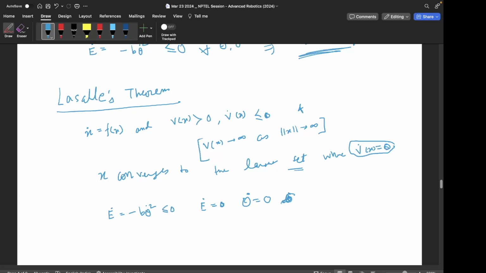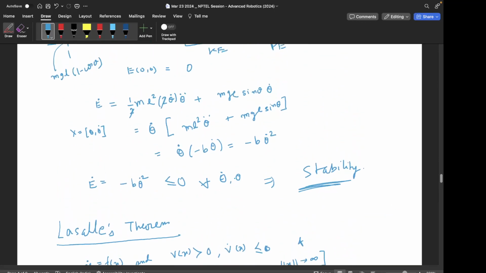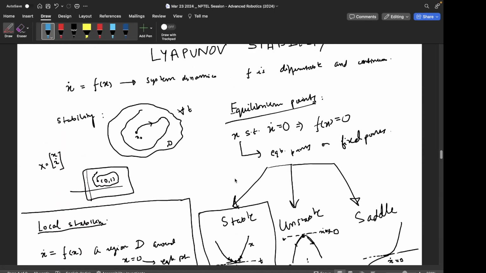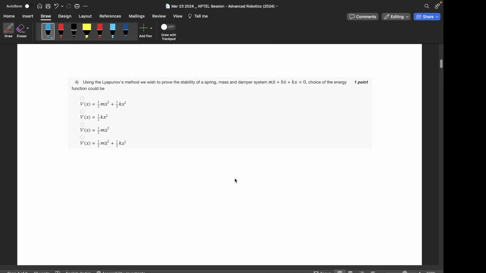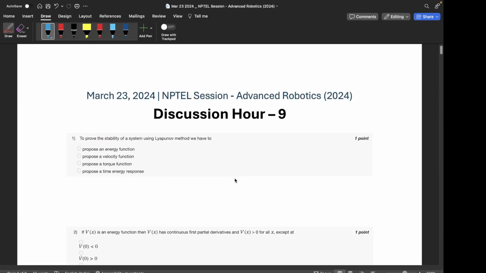In some cases, E dot is 0 only at one point, and that's the point which we want to test for asymptotic stability. So it automatically gives us the proof that that point is asymptotically stable. I will stop discussing the theory part here and quickly discuss a few basic questions based on these concepts.